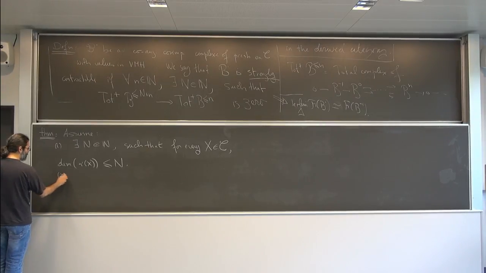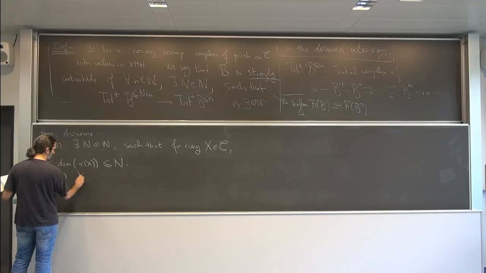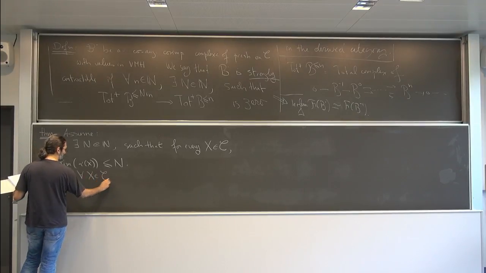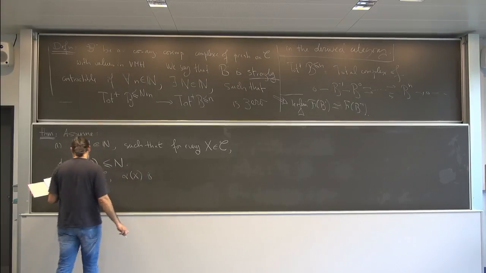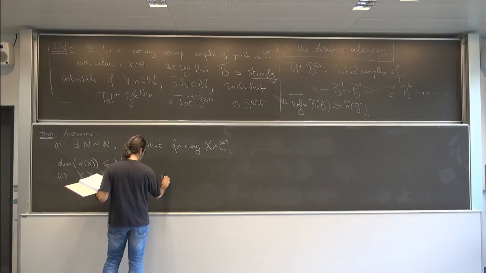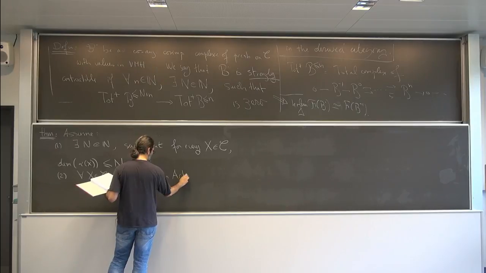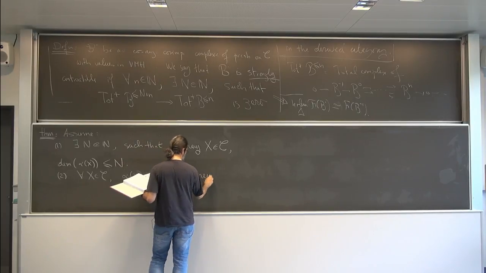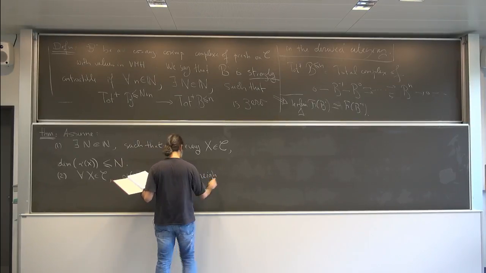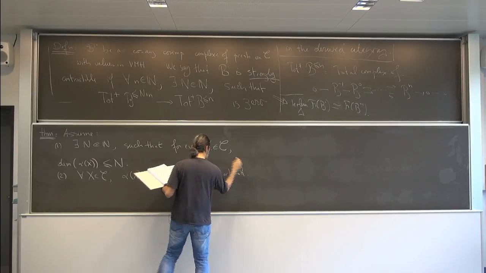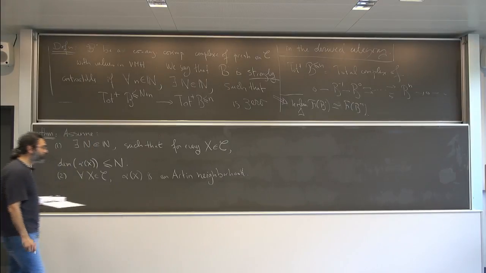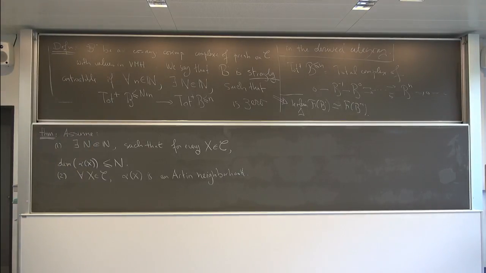Second, we assume that again for every x in C, alpha x is a so-called Artin neighborhood. Do you know what an Artin neighborhood is?